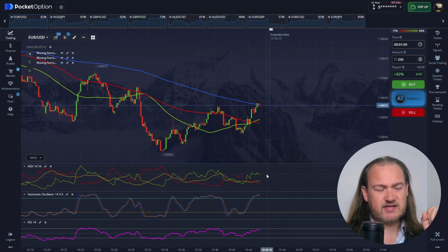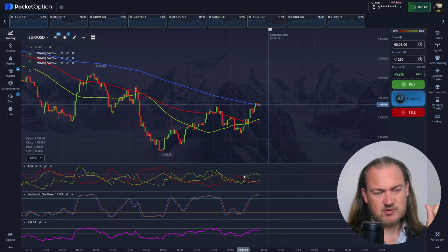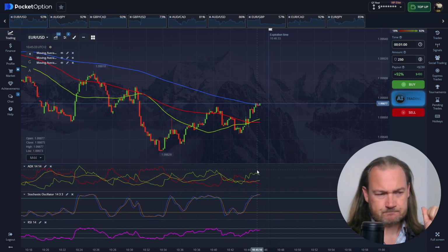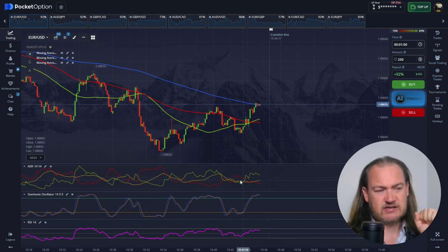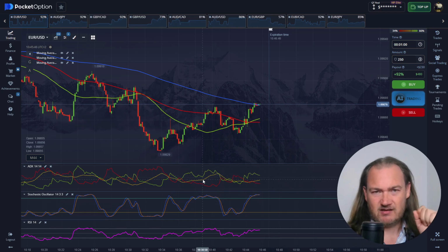The second strategy that I'm going to be using is the ADX. I'm going to be looking for DI spikes, either positive or negative, with a low ADX value. As you know, the ADX line, which is the yellow one here, shows you the strength of the movement, nothing to do with direction.